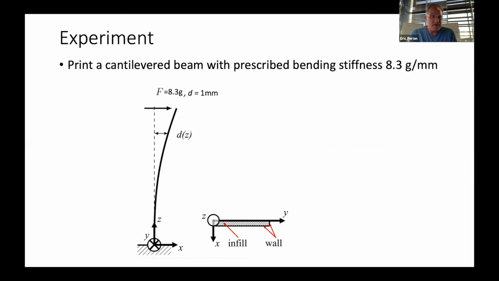So the experiment was to print a cantilevered beam with a prescribed bending stiffness, which was chosen to be 8.3 grams per millimeter.